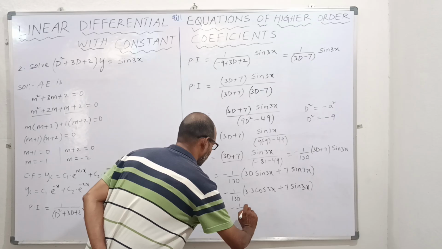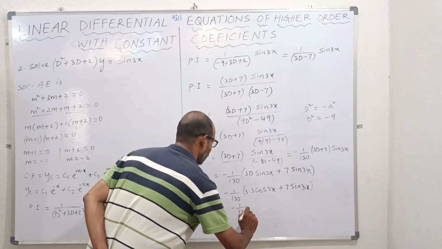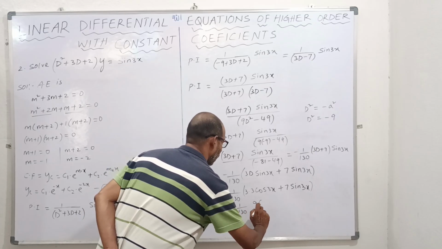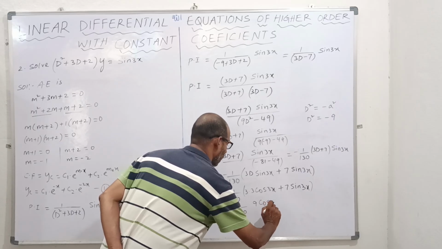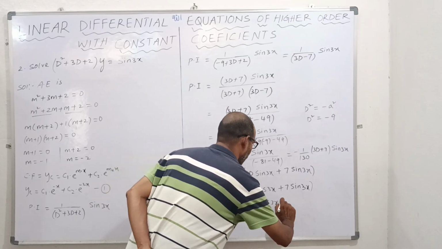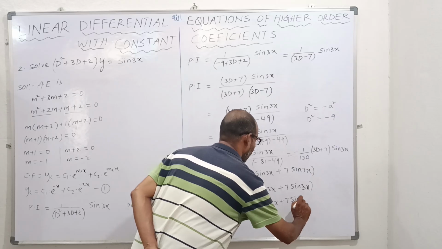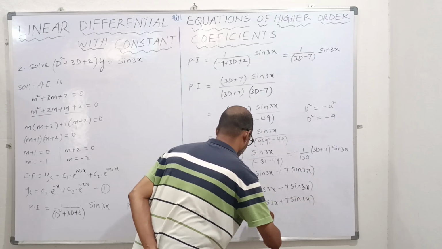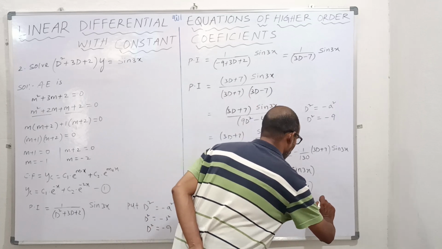So minus 1 upon 130 into 9 cos 3x plus 7 sine 3x. This is number 2.